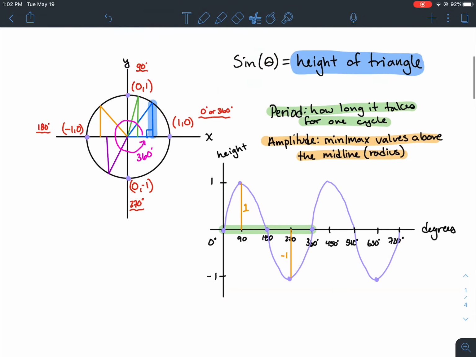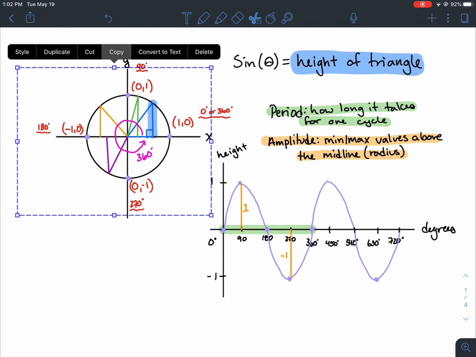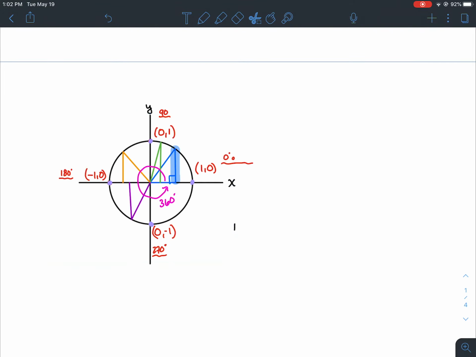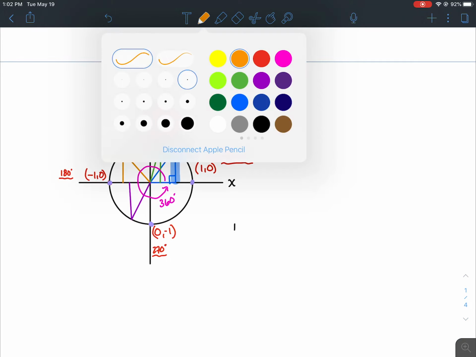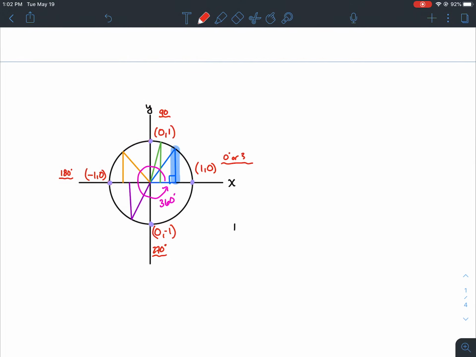Okay, so let's take a look here at, let me re-copy this. And inside here, I'm going to get rid of all this.